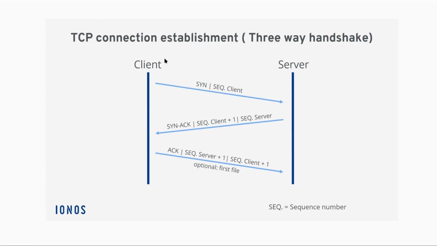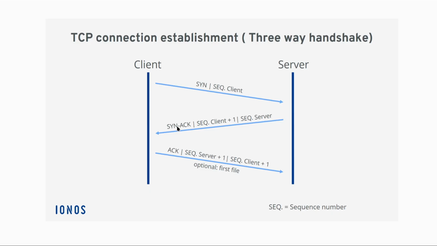This is the figure. This is a client and this is a server. The client sends a synchronization with an initial sequence number, and our server responds back with a synchronization and acknowledgement flag, and with that it sends its own initial sequence number in order to establish a connection.